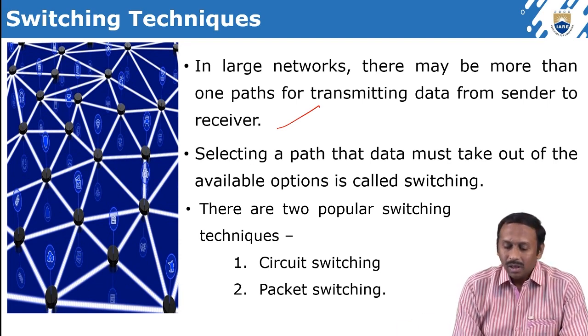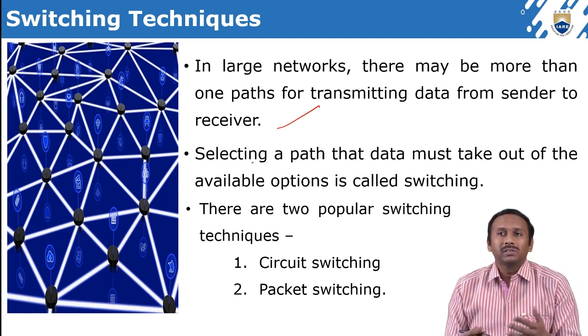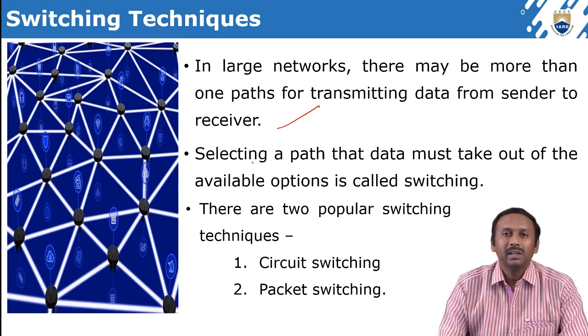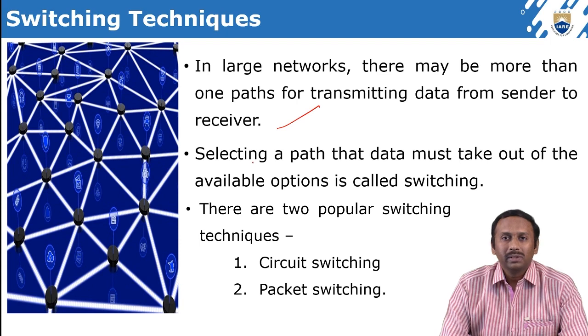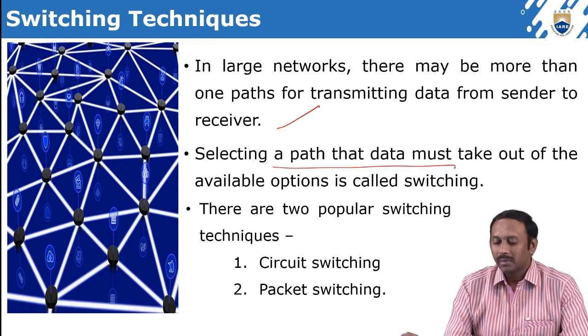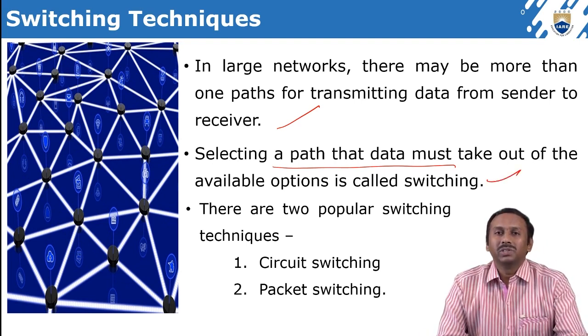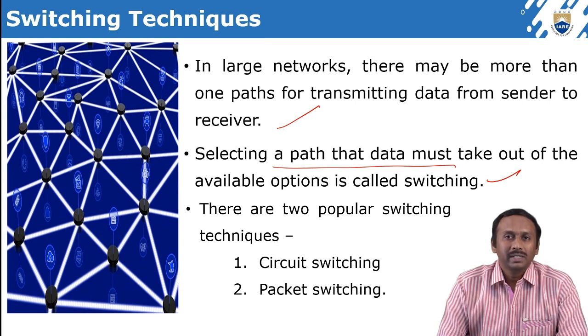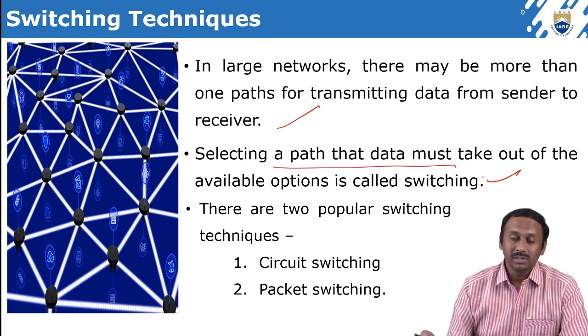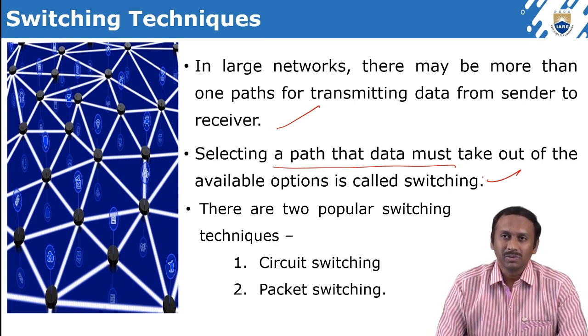Apart from n number of paths, how could we identify which path is a suitable one? How is the path going to be determined, how is the path going to be identified?